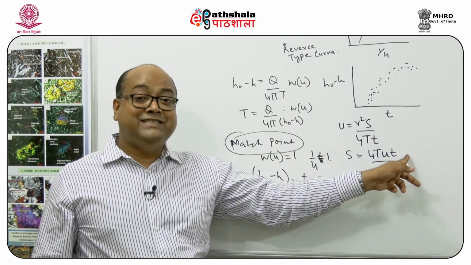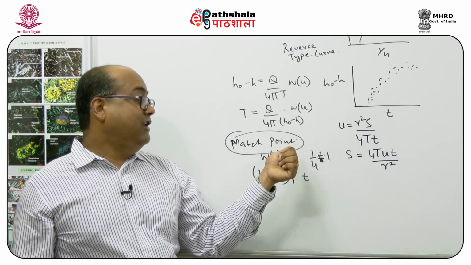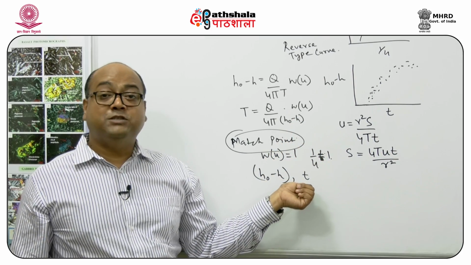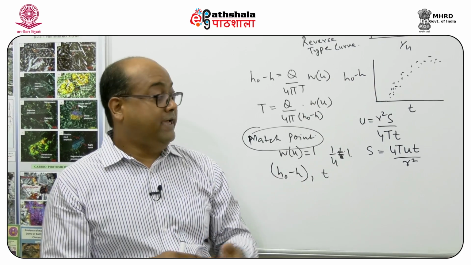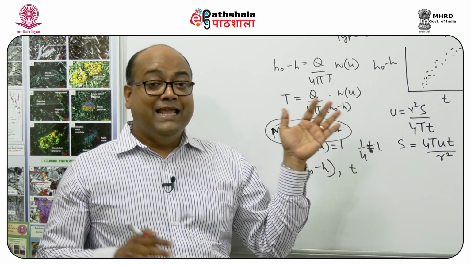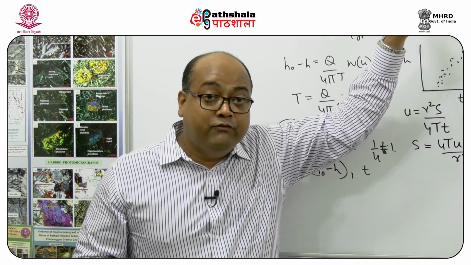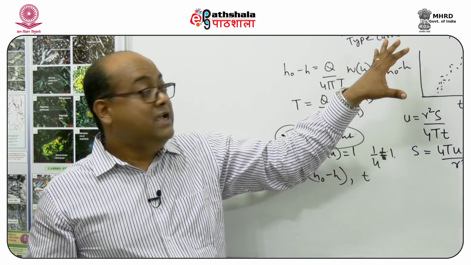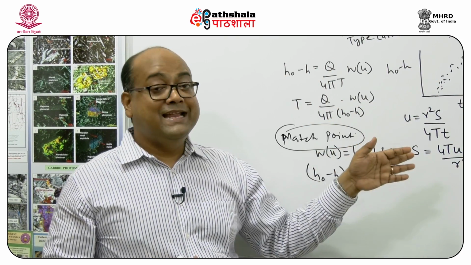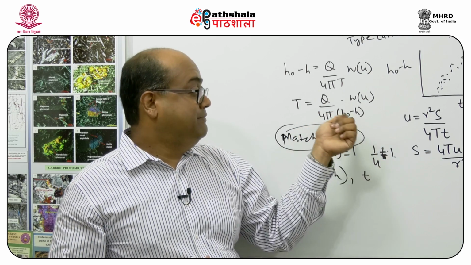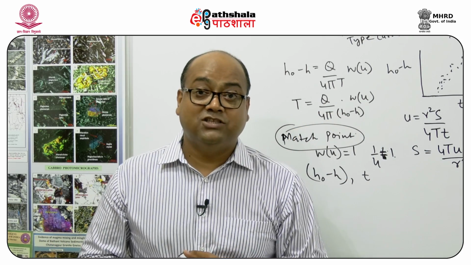And the value of t we obtained from the match point by overlaying the two curves. So if I can get the reverse type curve, which is a standard curve, and plot the drawdown versus the time, then we can match these two, and finally we get the values to estimate transmissivity and storativity.